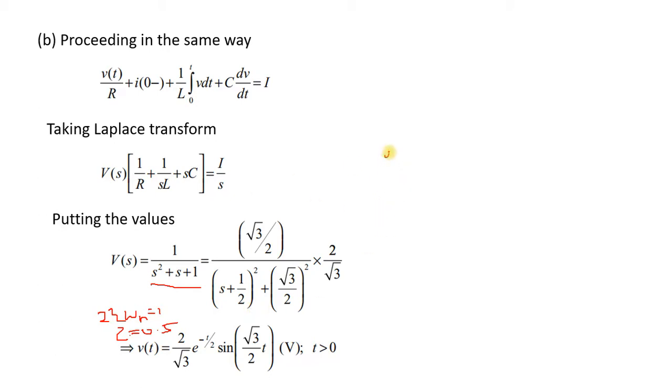Because we know the formula: whenever e power minus at into f of s is present, it is replaced by f of s plus a. This is one of the Laplace transform properties.